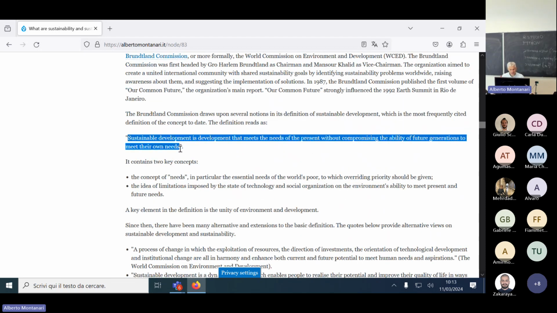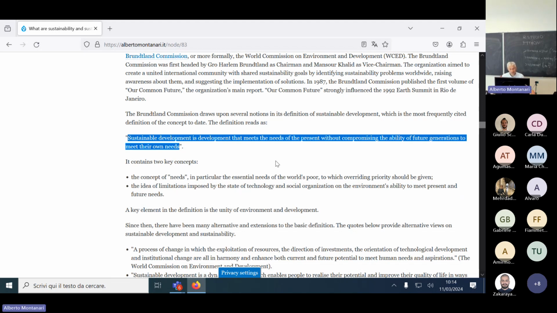I think you already know it, but just fix it in your mind. Sustainable development is development that meets the needs of the present without compromising the ability of future generations to meet their own needs. Okay, keep it in mind. It's basically: solve current problems, but think also of future generations.